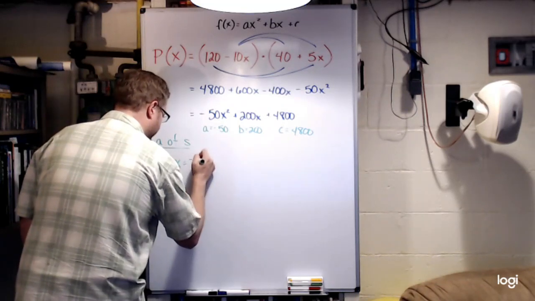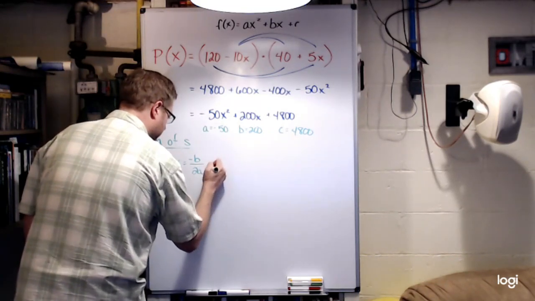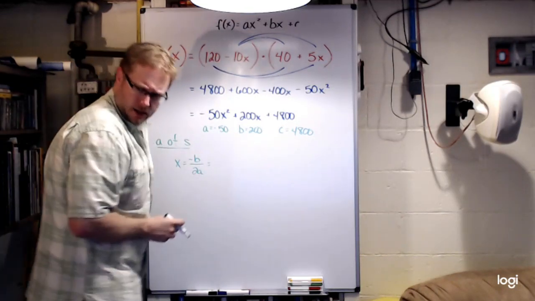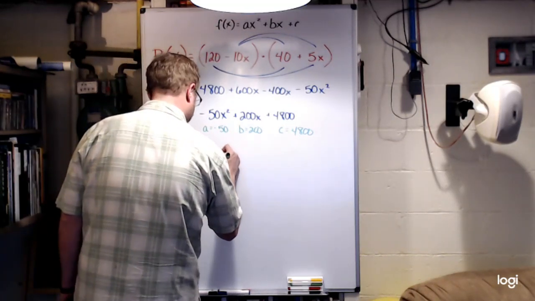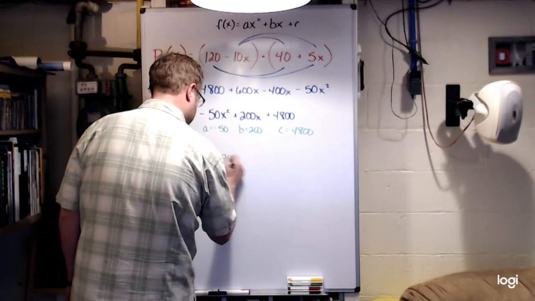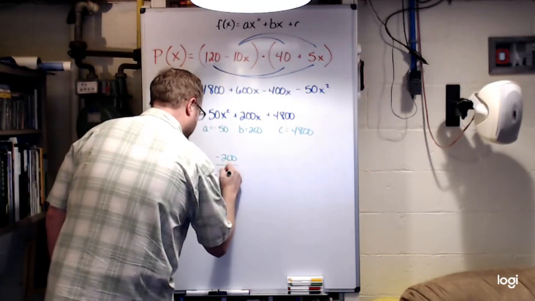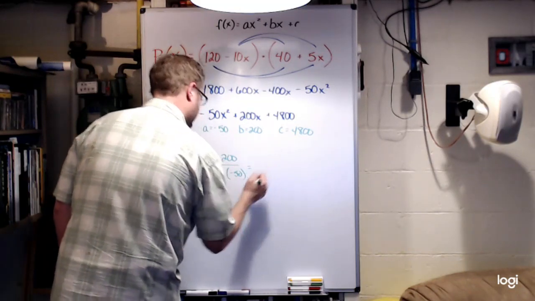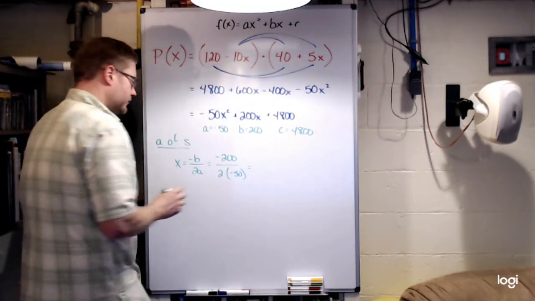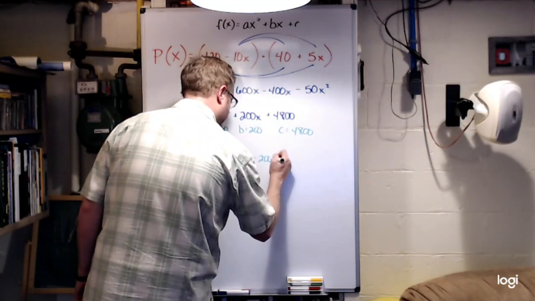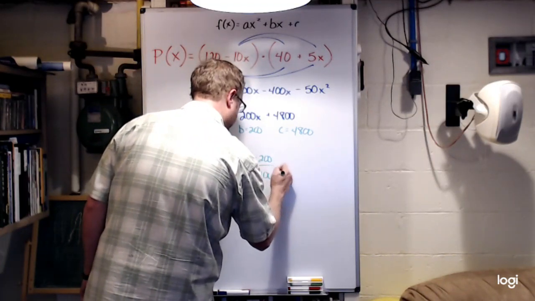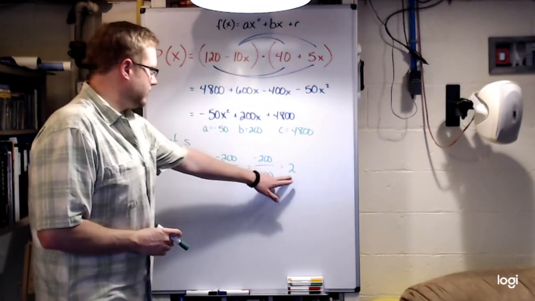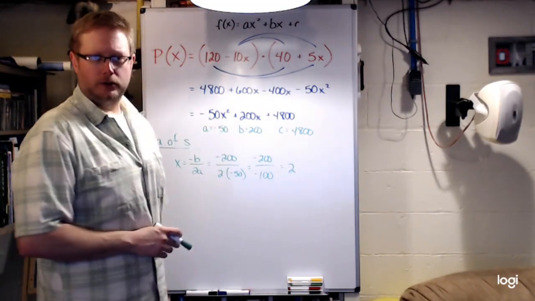X is negative B over 2A. B in this case is 200, so negative B will be negative 200. 2 times A, or 2 times negative 50, is negative 100, so we have negative 200 divided by negative 100, which will give us 2.